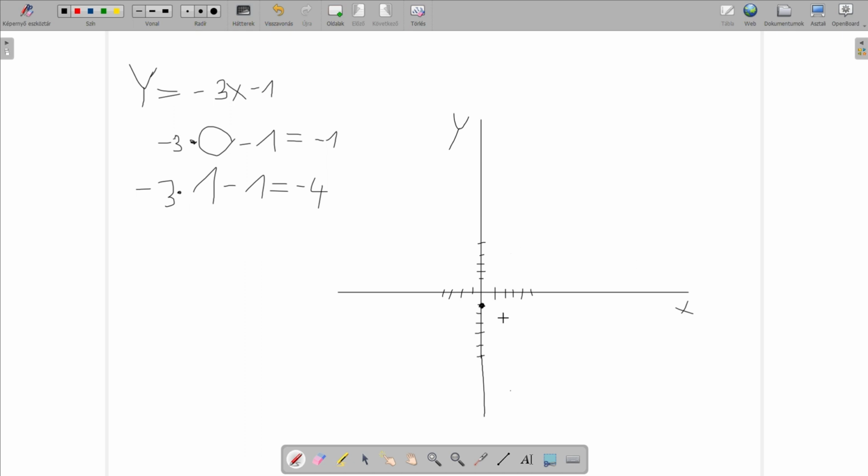So if we put in 1, we get out 1, 2, 3, minus 4. Yeah, right there. So this x is the input. The first time it was 0, second time it was 1. Here's y, our output. It was minus 1 and minus 4. So we have the points 0, minus 1 and 1, minus 4. And we can just connect them.